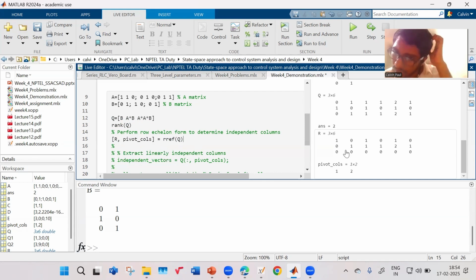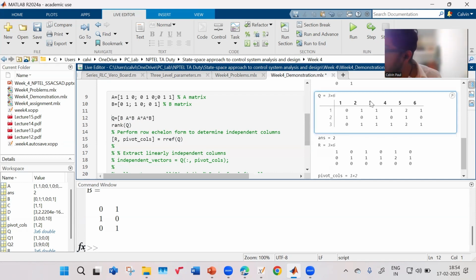So what they have done is they have just subtracted. If you subtract this row with this row, I hope it is clear. This is the first row, second row, third row, right? So what they have done, they have subtracted the first row from the third row. Let me just show.